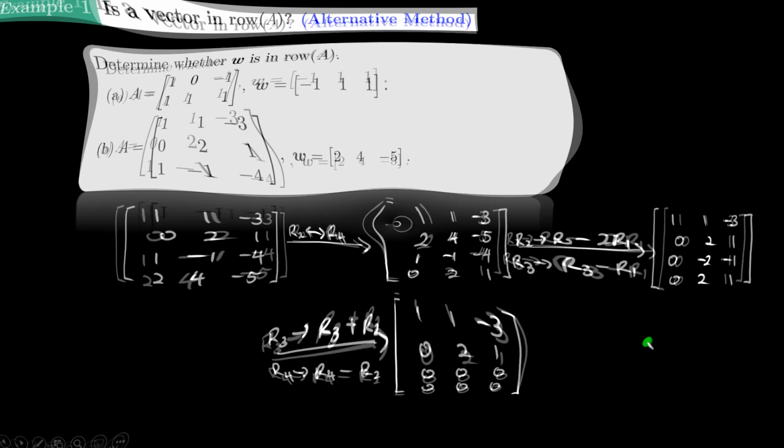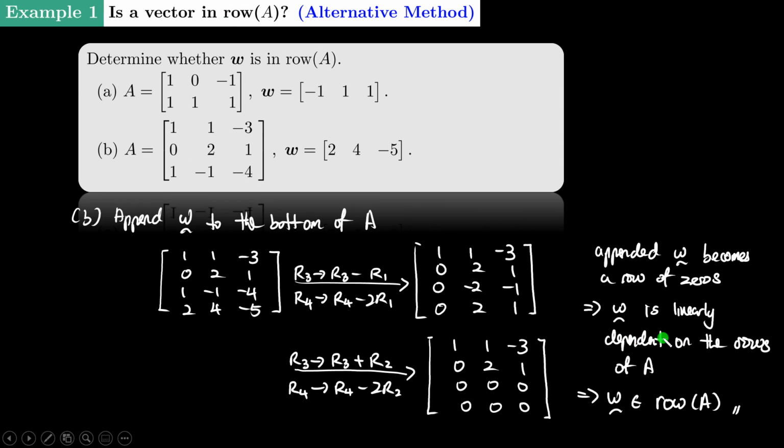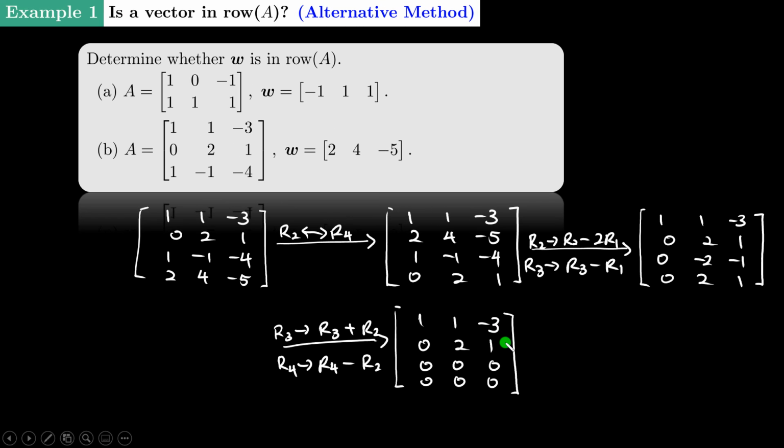No, the previous solution already shows that W is linearly dependent on the rows of A. So by swapping row 2 and row 4 and obtaining our REF, this gives us the erroneous conclusion that row 2 is not linearly dependent on the rows of A, which is the wrong conclusion. Right, therefore, I would like to emphasize that we cannot swap the appended row with any other rows for this method to work.